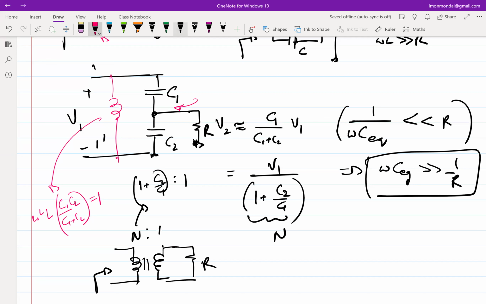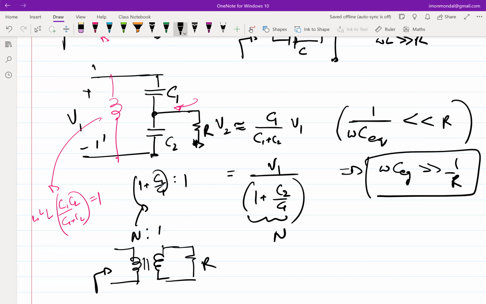Correct? Any questions, any confusion? Okay. So till now we are concentrating only on stepping up a resistance. You can also, naturally, step down a resistance.